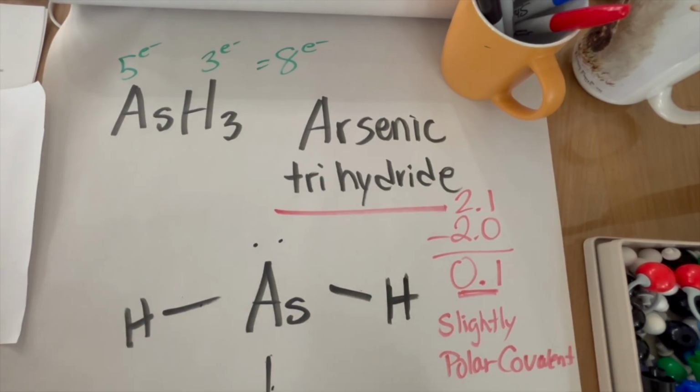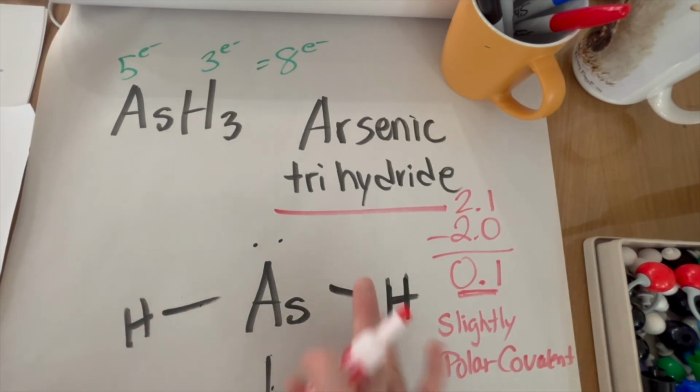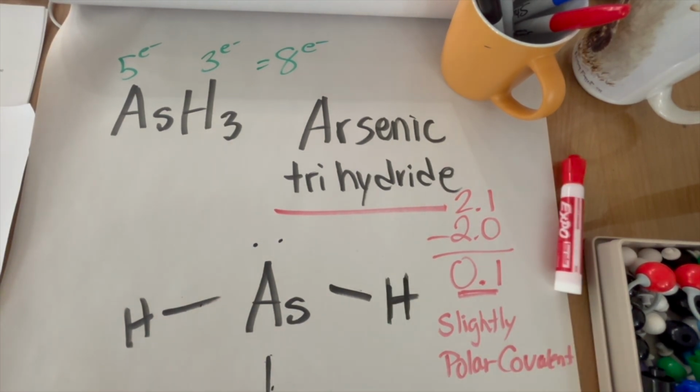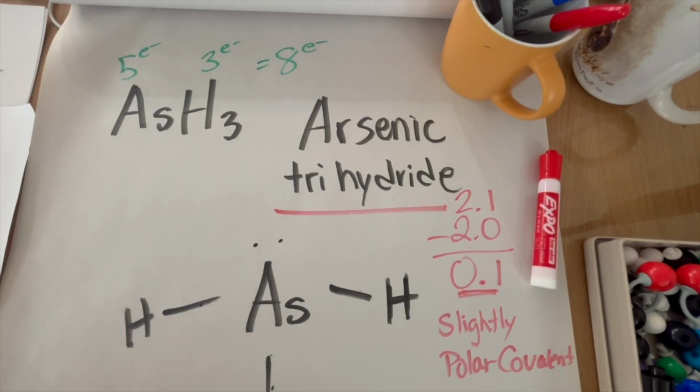We're going to now look at the shape of this molecule. So you can look at the tables. You have 3 bonded atoms and 1 lone pair. And when we have 3 bonded atoms and 1 lone pair, we essentially have something like this, with my lone pair up here.